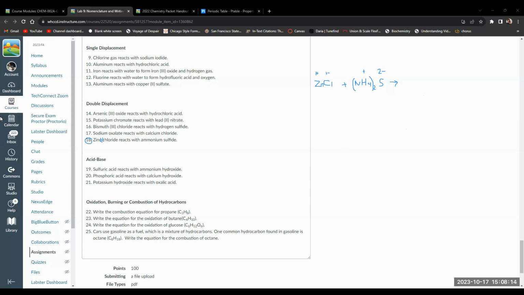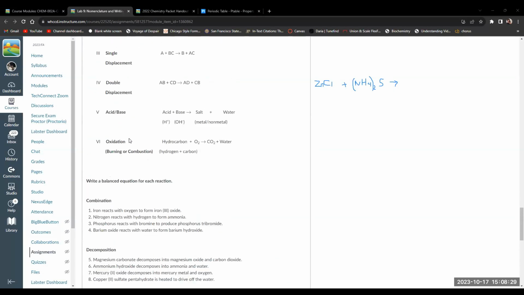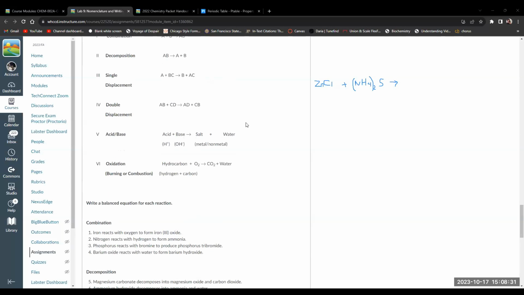Now we're going to try to find our products. Because it's double displacement, it's easy to just say that the positively charged are going to switch with each other. What do I mean by that?